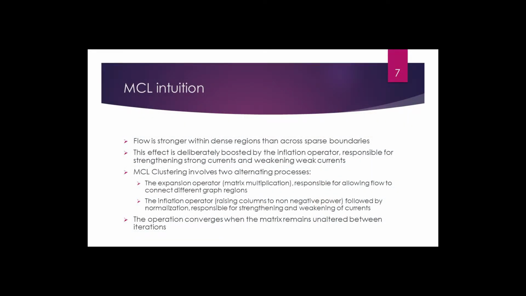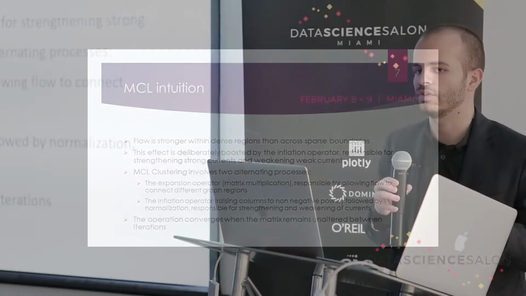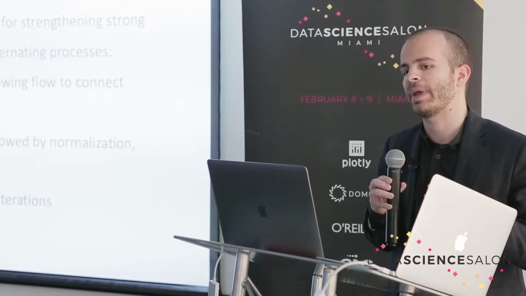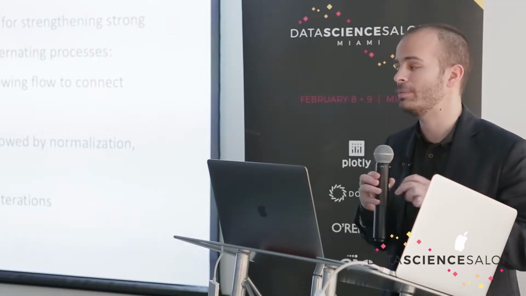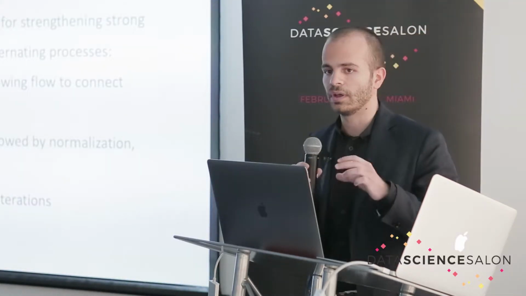So, having introduced Markov chains, the intuition behind the Markov clustering algorithm for graphs is that by simulating flow, as we saw in that example before, the flow will be stronger within dense regions than across the sparse boundaries, which means that the flow is going to remain within these clusters.